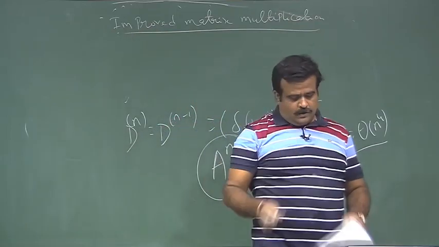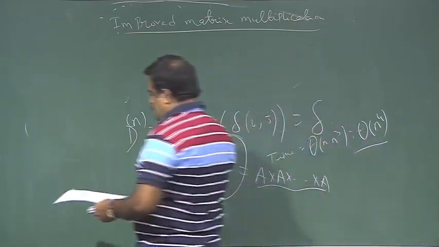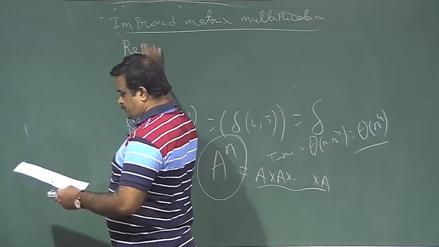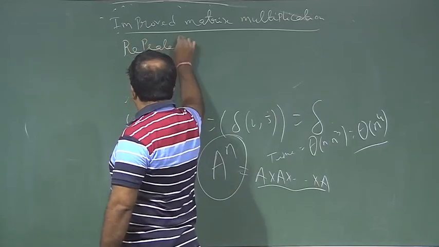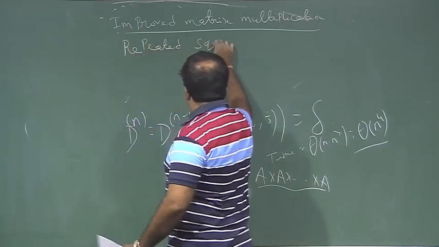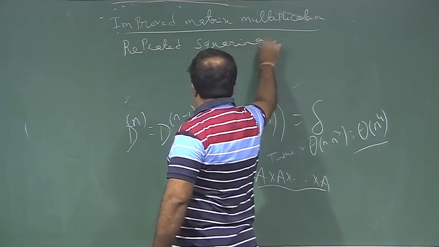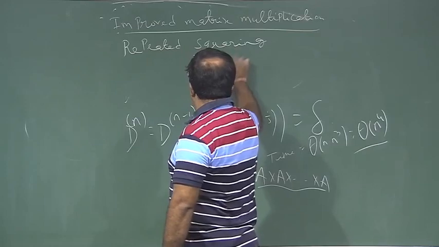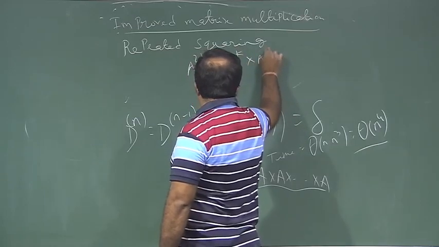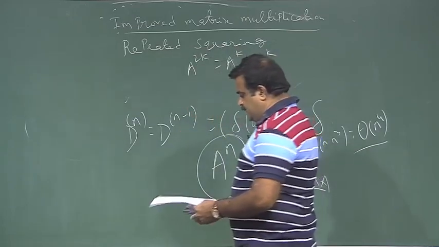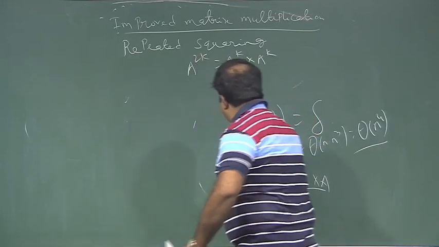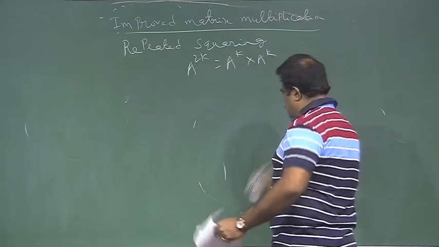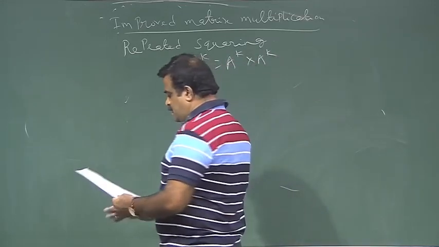A to the power 2k is basically A to the power k into A to the power k. So we have to find A to the power n. To find A to the power n, what we can do?